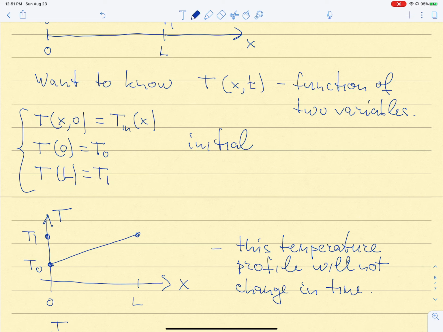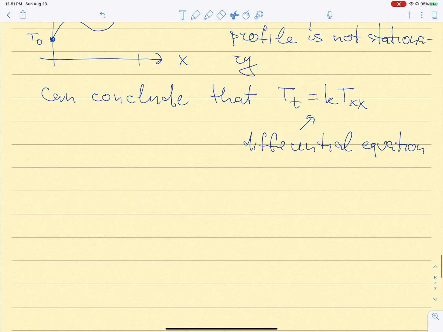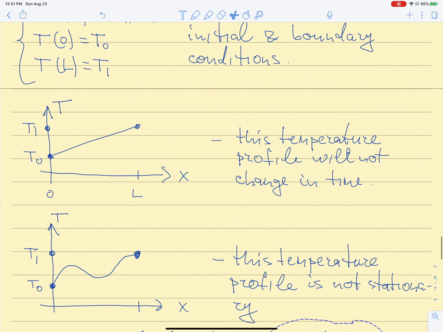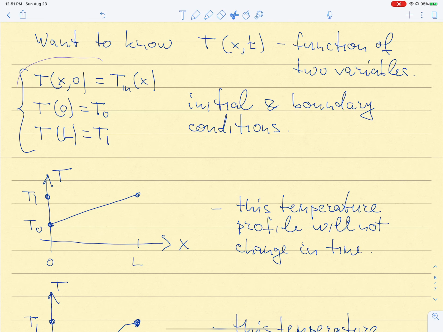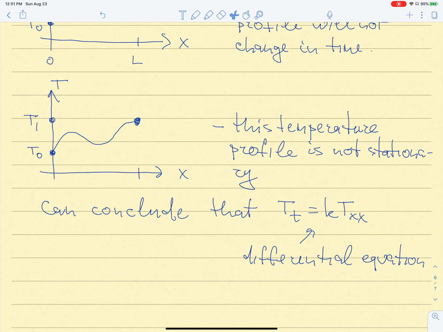So we're going to call those initial and boundary conditions. And so what we got again is a differential equation like so, with initial and boundary conditions here. So at the end of the day, we need to solve an initial boundary value problem that will allow us to determine the distribution of the temperature in the bar.